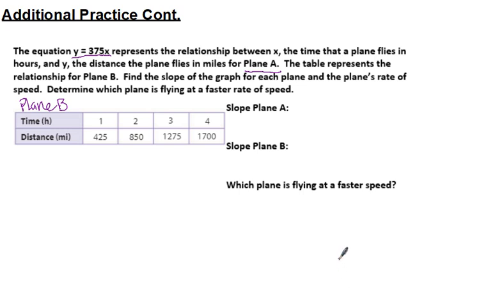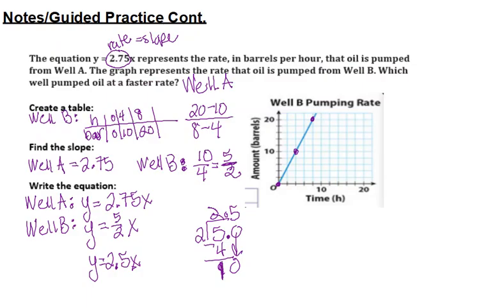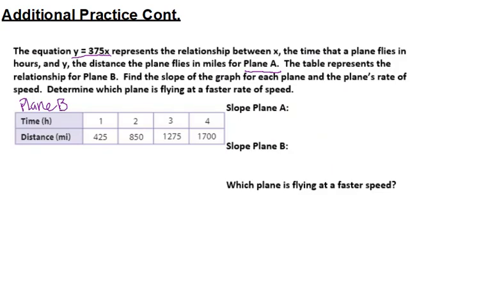Determine which plane is flying at a faster rate of speed. So maybe pause and see if you can do this. You need to find the slope of A, slope of B, and then determine who's flying faster. This is very similar to this question, so you can reference this question from the other page to see how we compared A and B. So pause, try this, see how it goes.